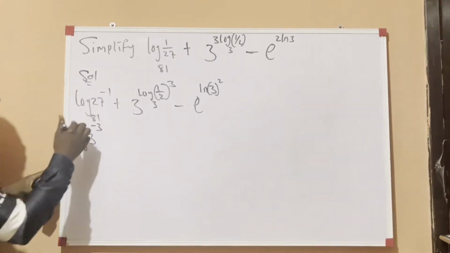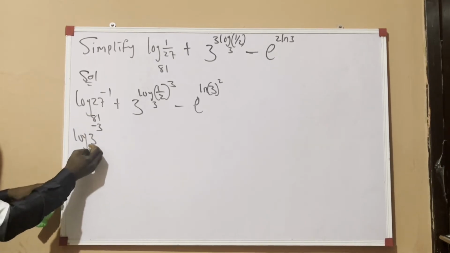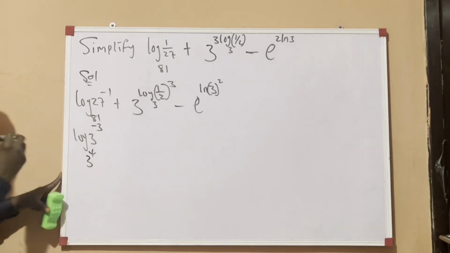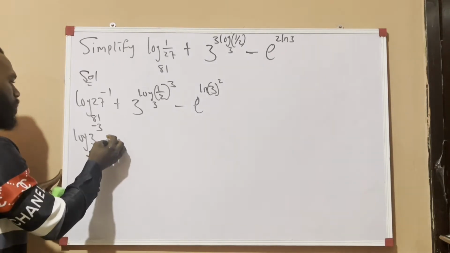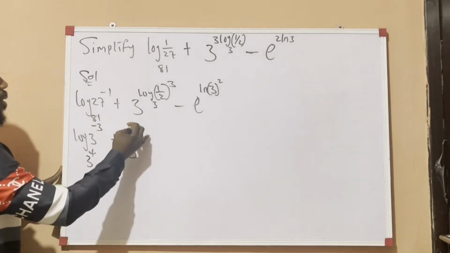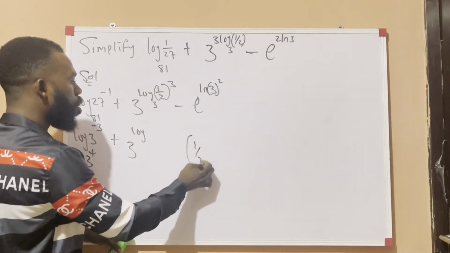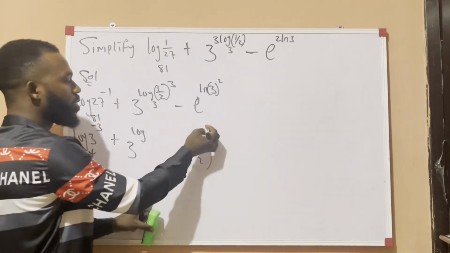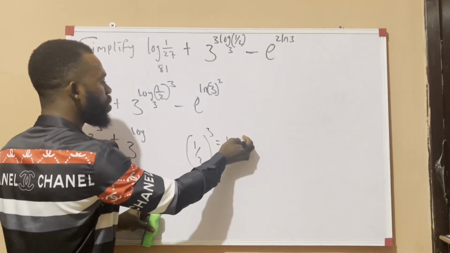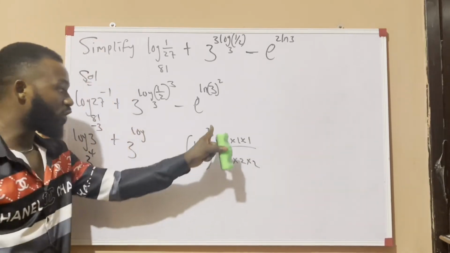Now, what do I have now? My 81 we said is 3 raised to the power of 4. Let us proceed. Now, here becomes plus 3 raised to the power of log. Now, 1 over 2, all raised to the power of 3, simply means 1 times 1 times 1 over 2 times 2 times 2, because of power 3.